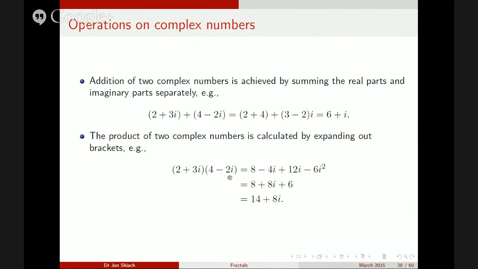Now 3i times minus 2i is minus 6i squared. Remember, i squared is equal to -1, so instead of minus 6i squared, you just get plus 6. And so eventually we get 14 plus 8i. So that's how we sum and multiply complex numbers.